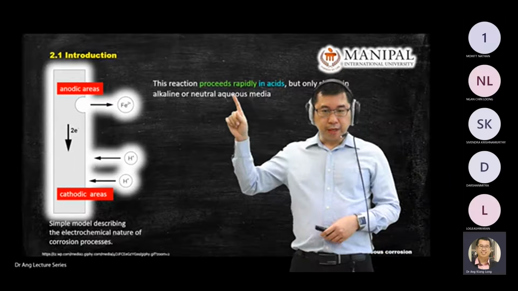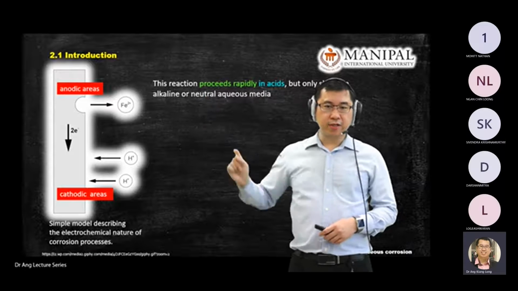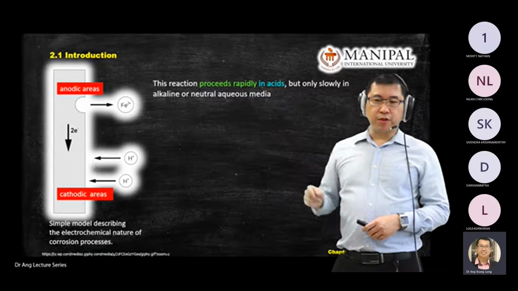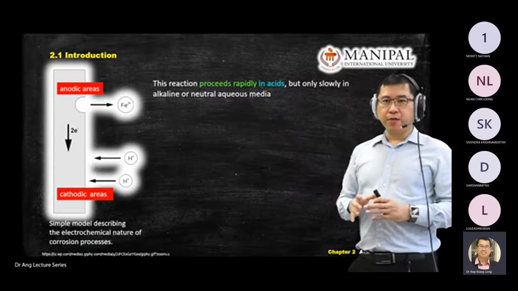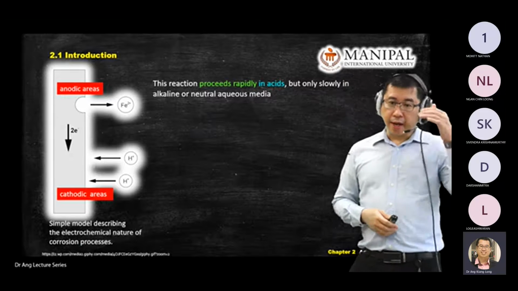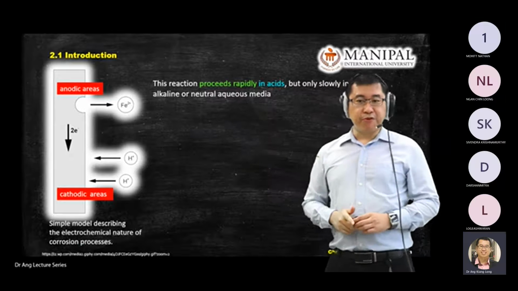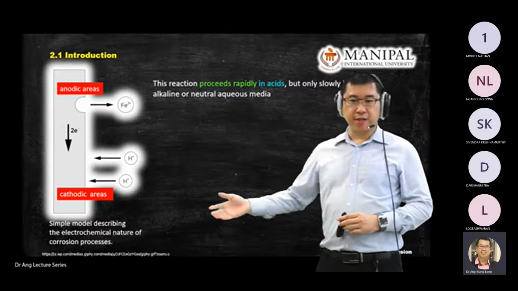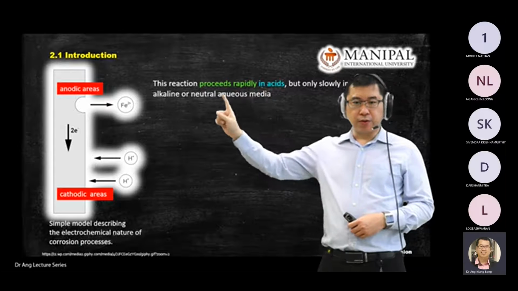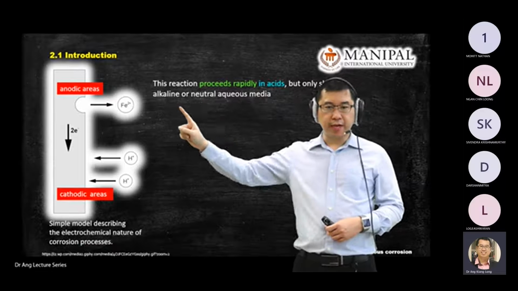If you compare acidic solution with alkaline or neutral solution, in acid the corrosion will happen faster. This will be the difference when we talk about prevention in a later chapter. If you have an acidic solution, then you need to change the pH to alkaline or neutral.